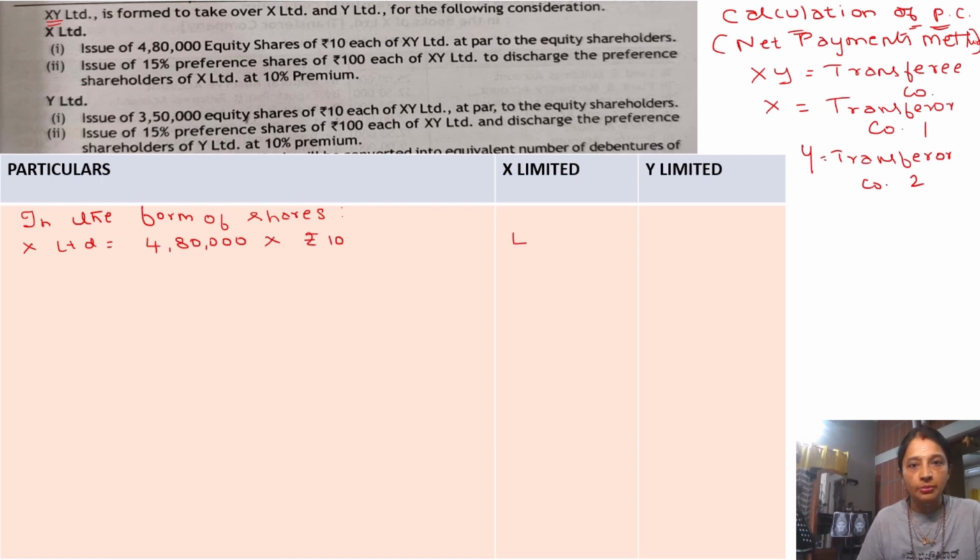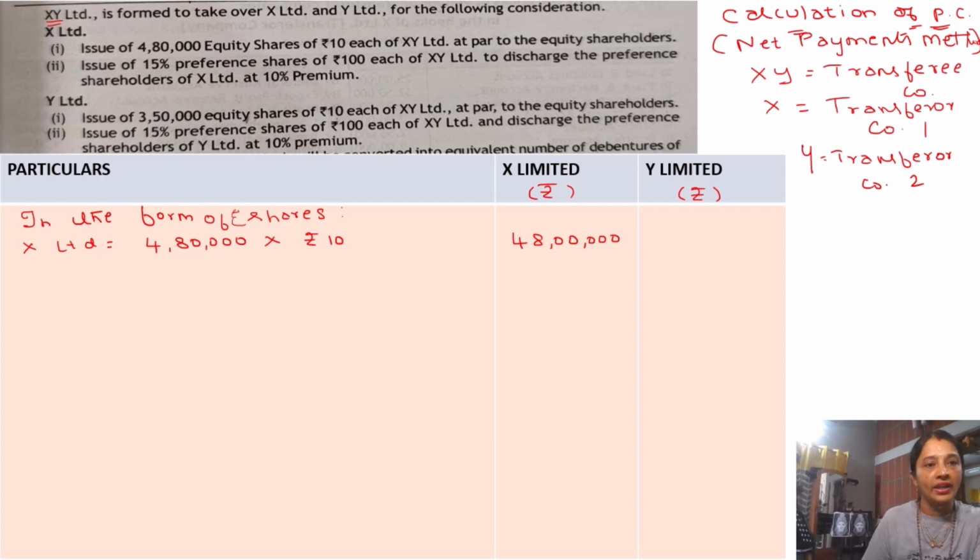So for X Limited, they have given 48 lakhs. This is in the form of equity shares.